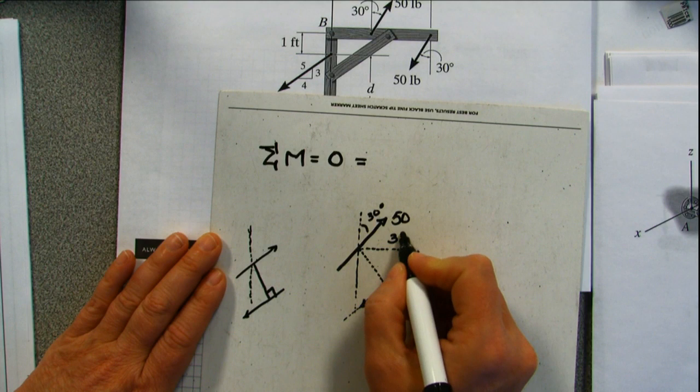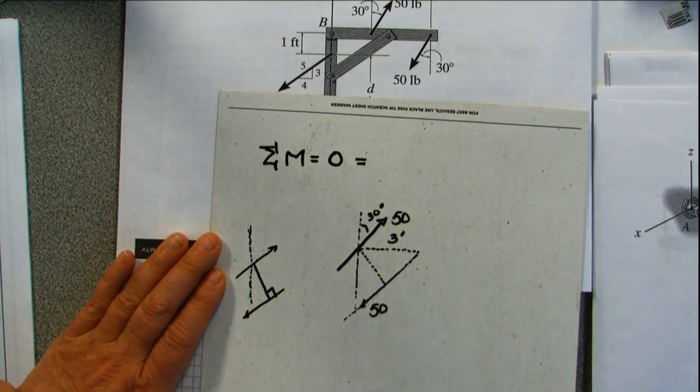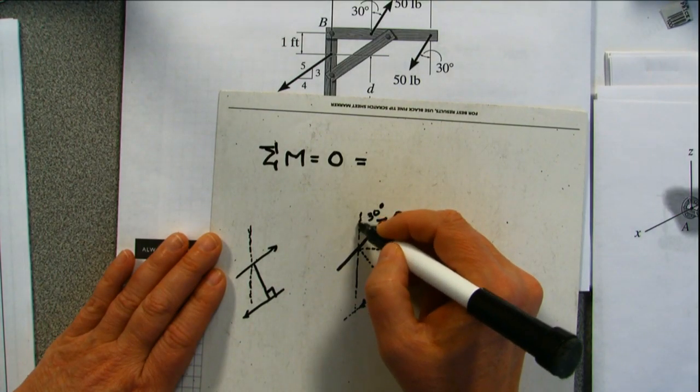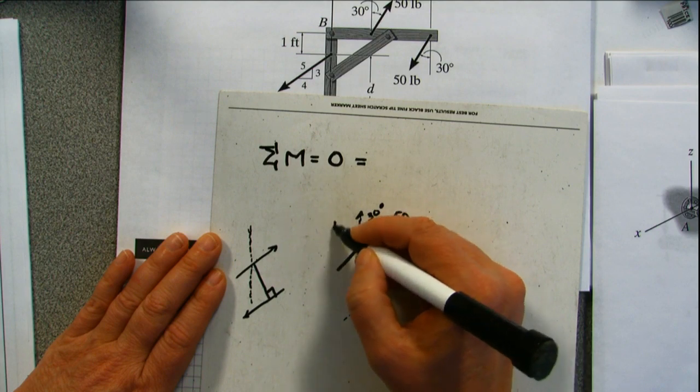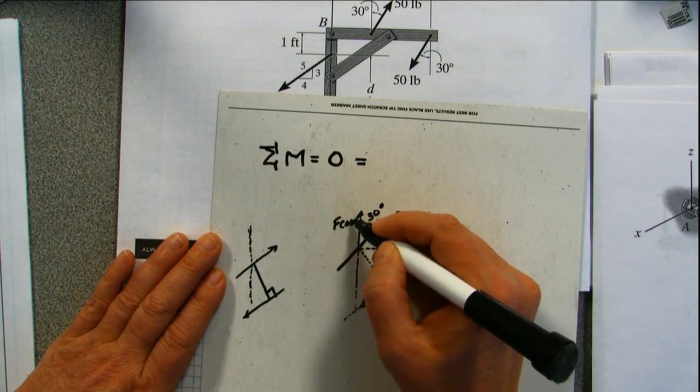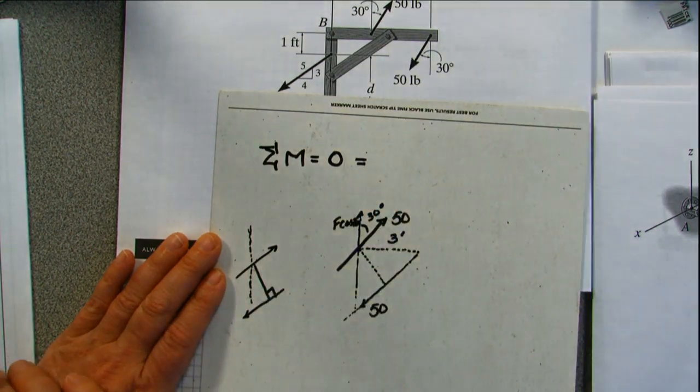This is 3 feet right there. This will be my force cosine of 30 degrees.